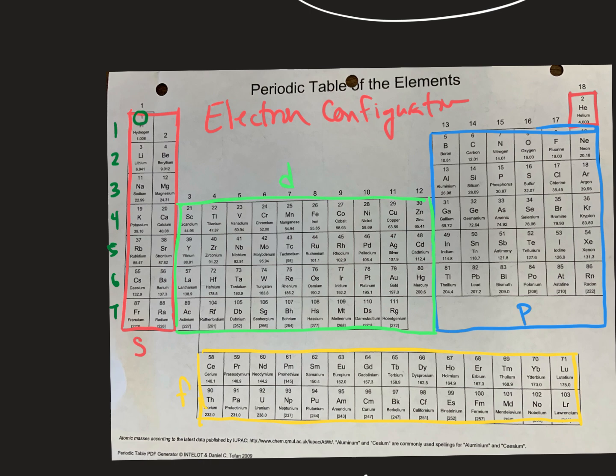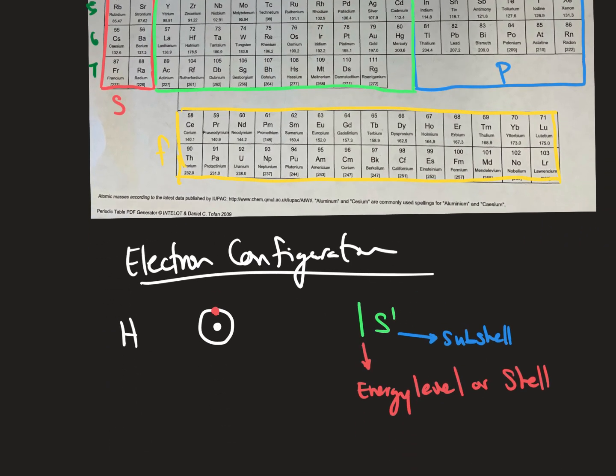So the first electron is in subshell s. You with me? And then this right here refers to the number of electrons in that subshell.